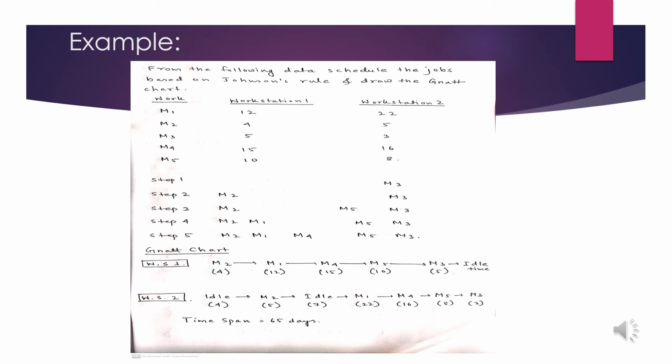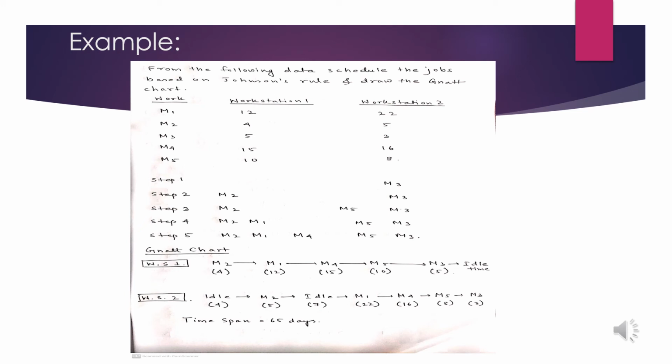Now let's go back and try to schedule it based on Johnson's rule. What was Johnson's rule? If the minimum or the shortest processing time comes at workstation 1, what we need to do? We need to schedule it as early as possible.